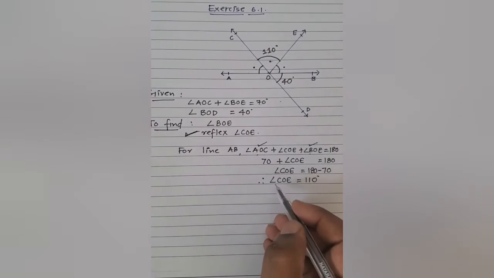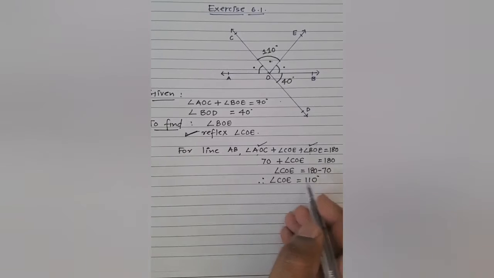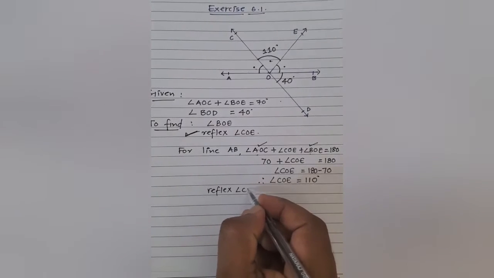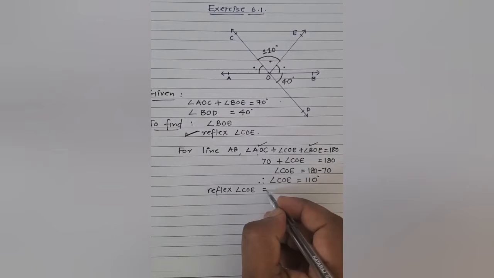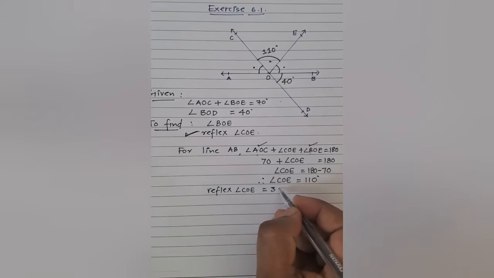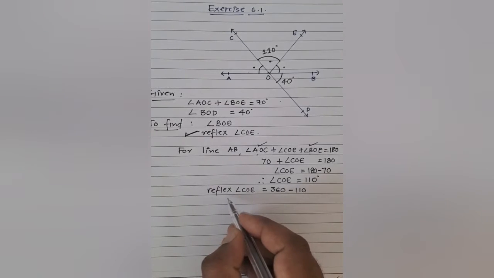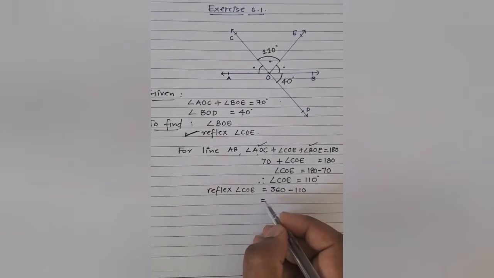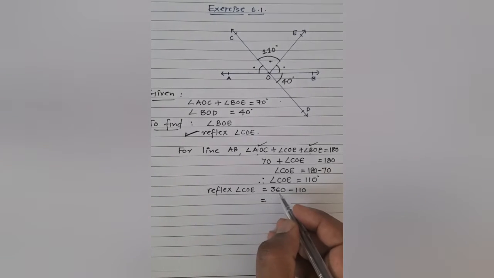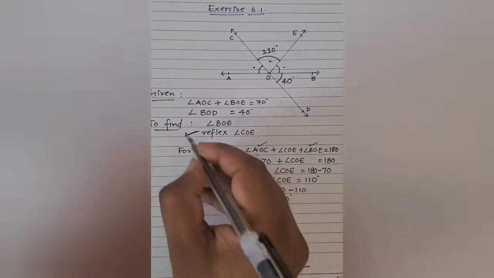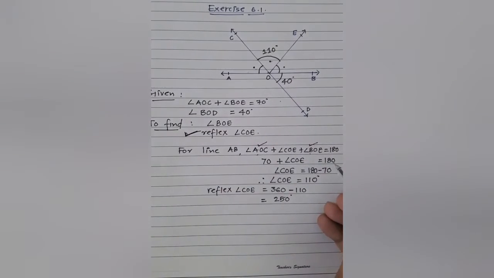So if angle COE is 110 degrees, the reflex angle COE can be found by subtracting COE from 360. So 360 minus 110 gives you 250 degrees. So I have found the reflex angle COE.